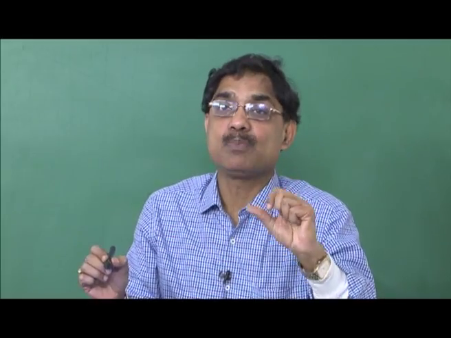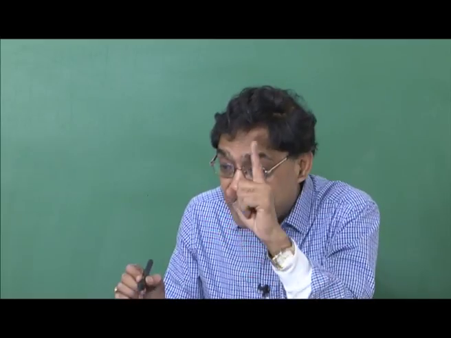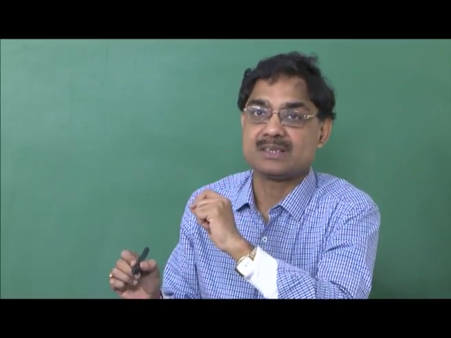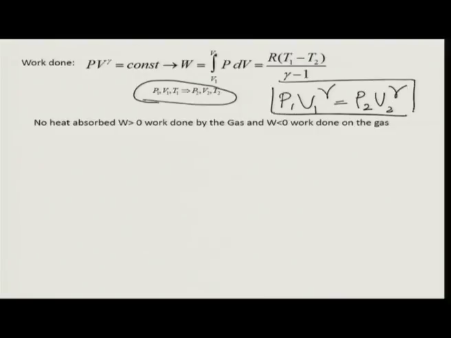In isobaric process, I kept P fixed. But when I have an adiabatic process, all the thermodynamic variables change. But there is an important simplification. P1 V1 gamma should be equal to P2 V2 gamma. That is what I have proved for you.